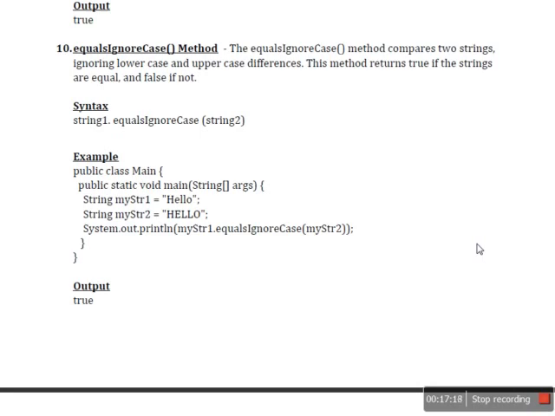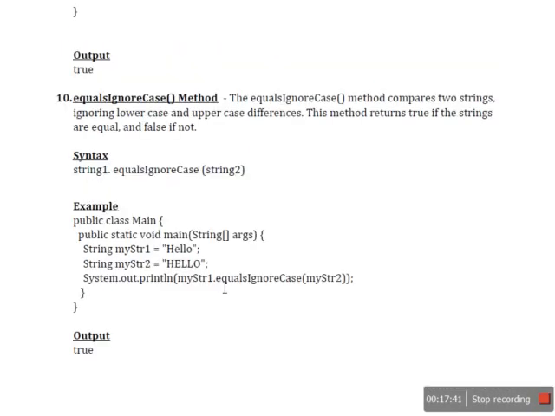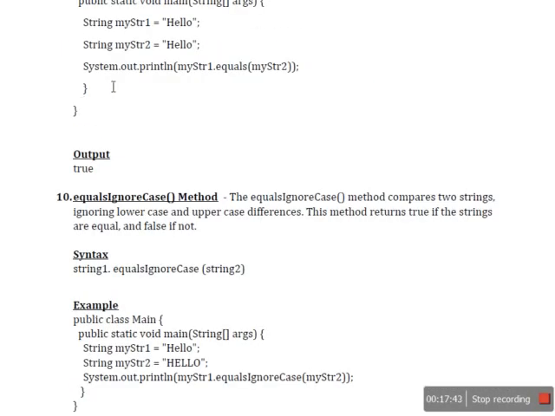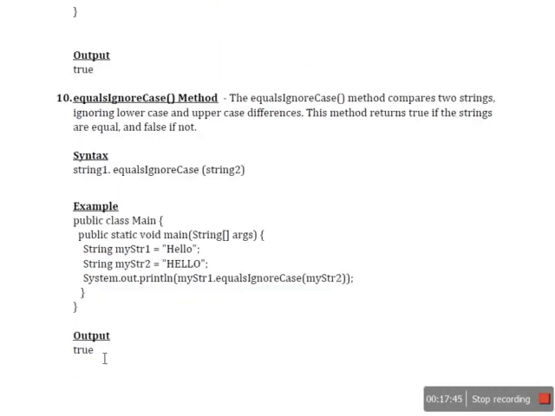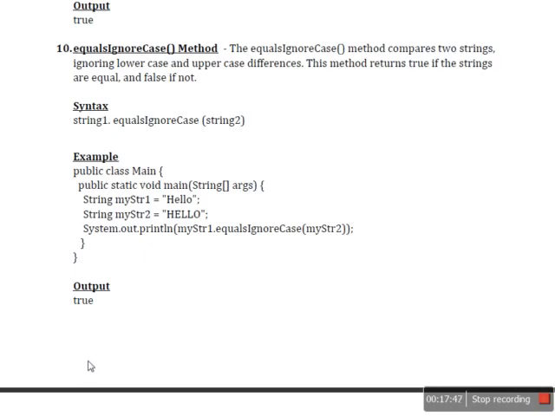But one thing to note is that it will again return a boolean value, that is true or false. So this is your mystr1 hello, and this is mystr2, that is hello. When you compare them, it will come as true. But if you had been comparing it with the equals method, it would return a false value.